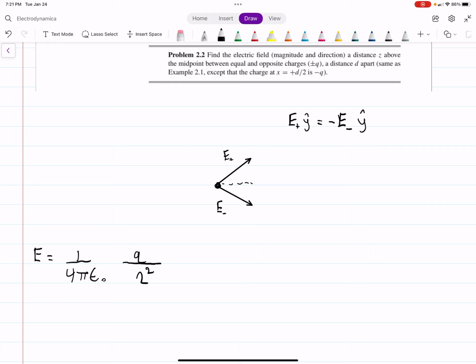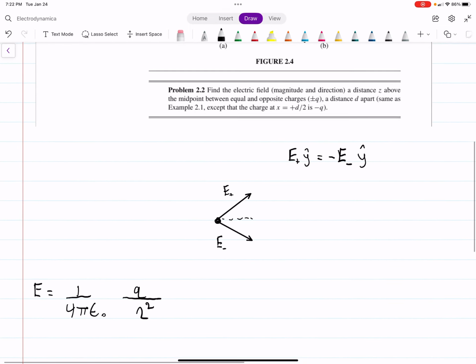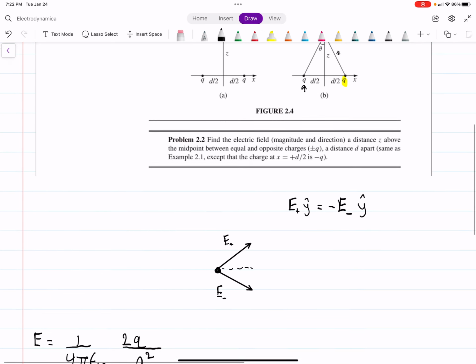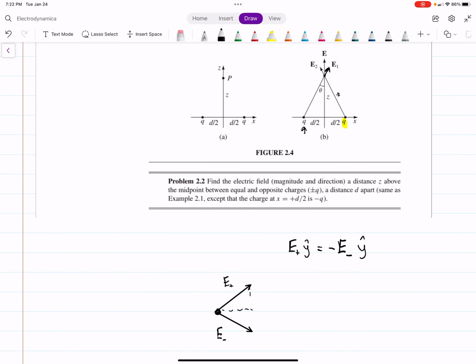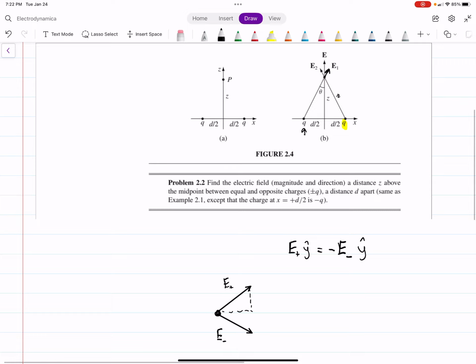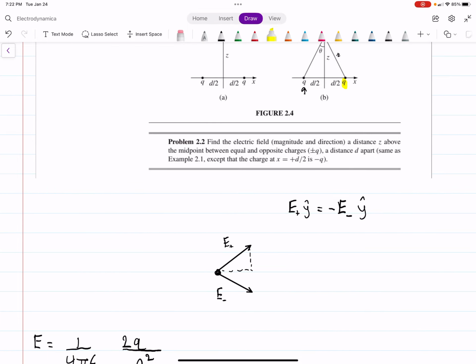So in this case, since we're adding two of essentially the exact same thing, I'm going to put a 2 here to account for each charge. And because we only want the x component of these, we only want to account for the x part.